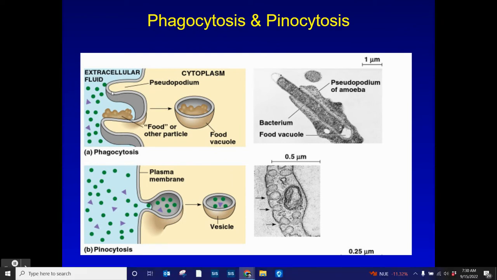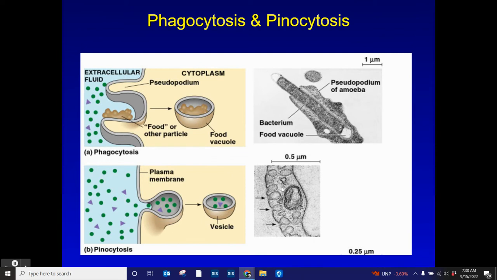The cell is going to invaginate its cell membrane and create a food vacuole around that particle and then bring it into the cell, where oftentimes it will then fuse with things like lysosomes, which will play a role in digesting that down. And it is a very similar process with pinocytosis, where it's taking in extracellular fluid along with small molecules.